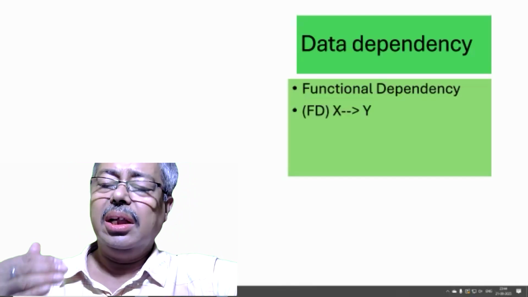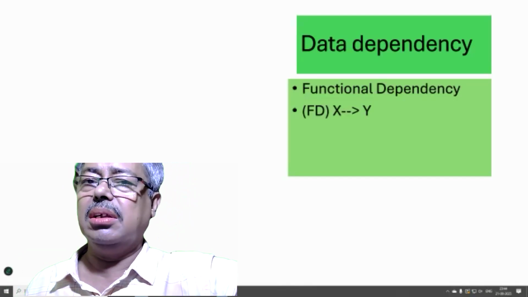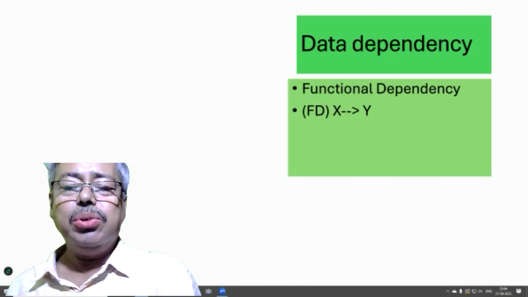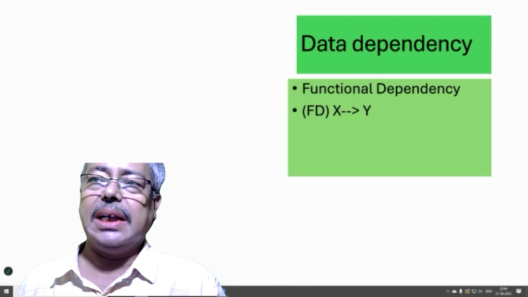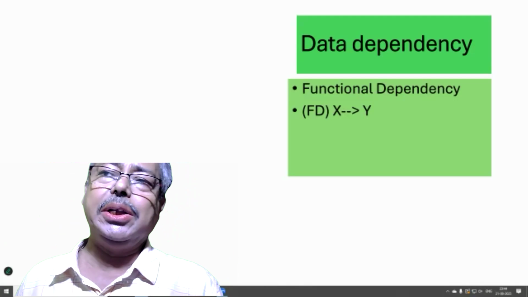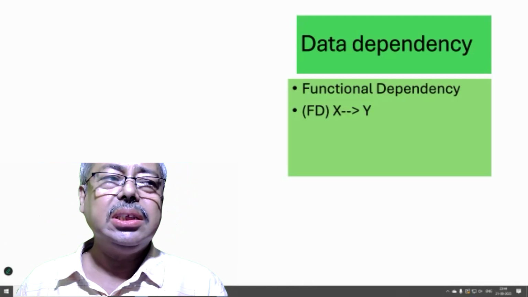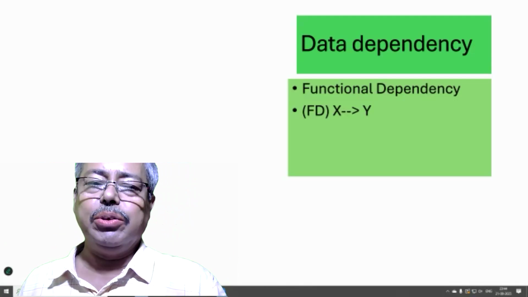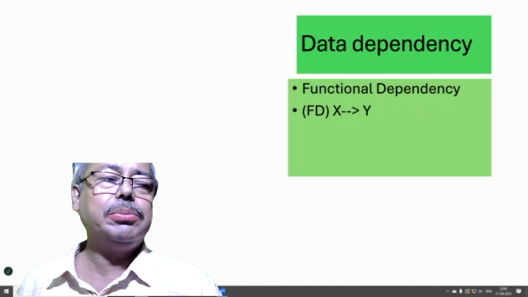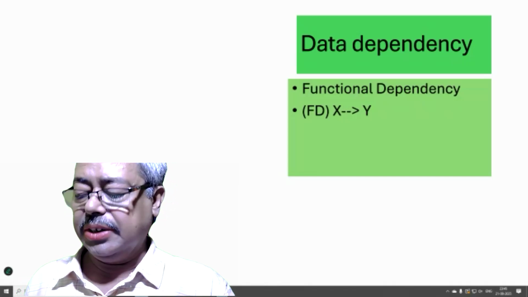If X is dependent on Y, inversely, Y is dependent on X. So there is a question, how is dependency created? One to one, one to many, many to many, many to one. So dependency is classified in many ways. I will discuss it later. It is not possible to discuss in detail in this short video.